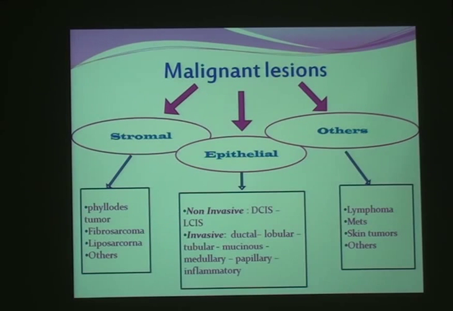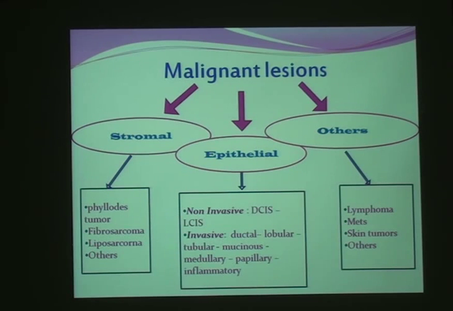Why should we know the classification of these lesions? We will never look at a mammogram or breast MRI and say this is invasive lobular carcinoma, because that is histopathology, but we have to know, because each pathology has a specific pattern of appearance and enhancement, and it's very important to know when and how to suspect these lesions.